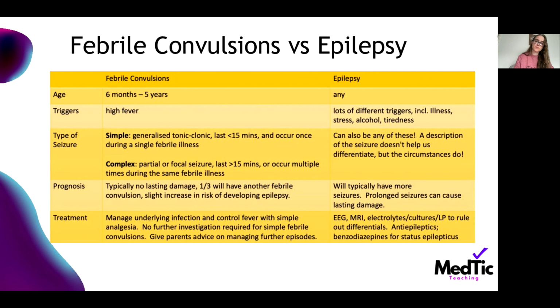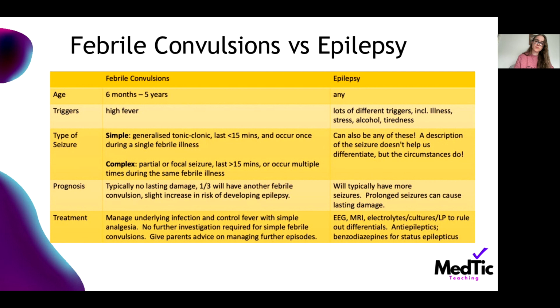When would we think about epilepsy? It's about the circumstances. They'll usually have more frequent seizures, not necessarily in the setting of illness. They might have lasting neurological symptoms afterwards.